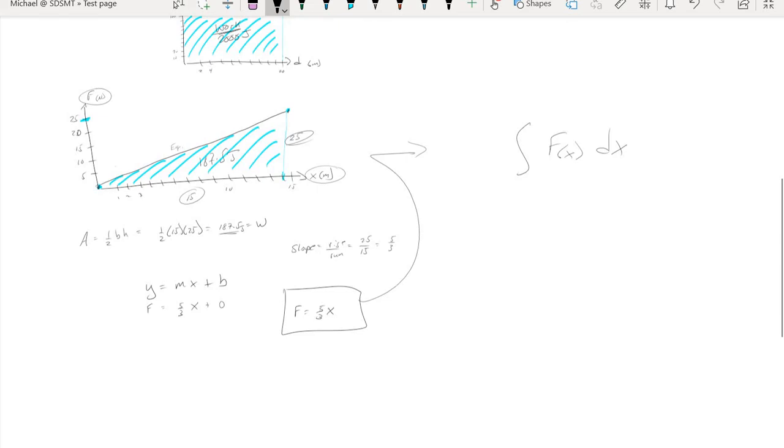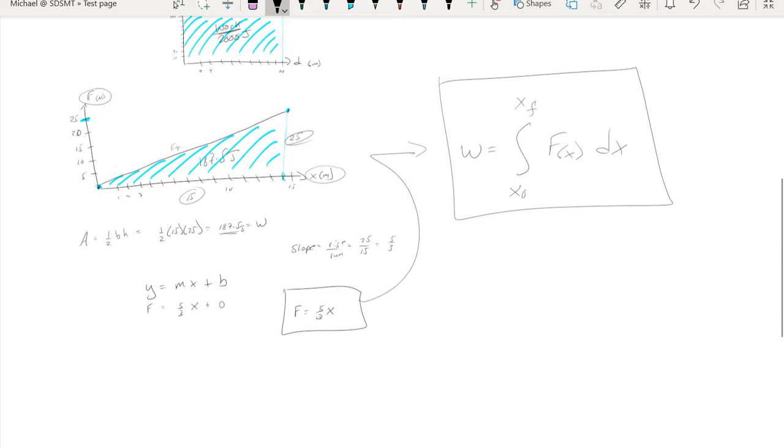We need this to be a definite integral, so we do need to assign some limits to our integration, but as we integrate our force function with respect to position, that just means that we have to integrate from some initial to final position value. And this is how we're going to find out how much work is done by a variable force. We need to integrate that force with respect to the changing position.